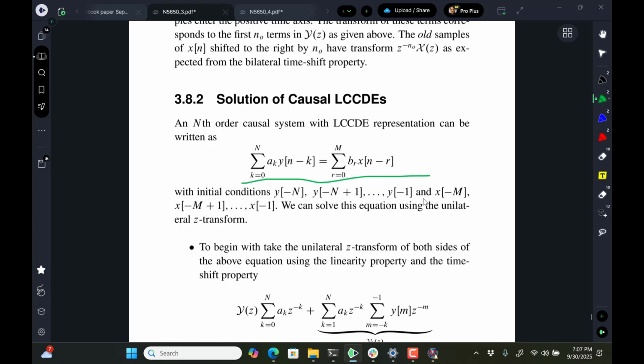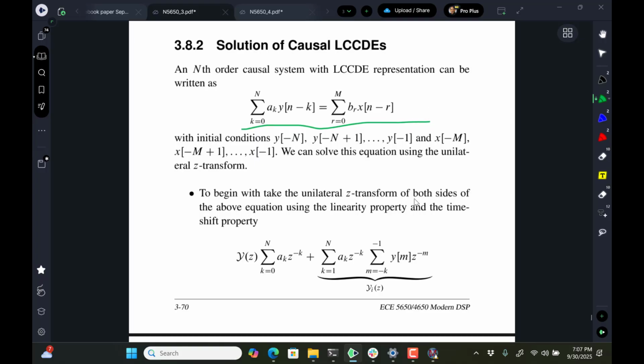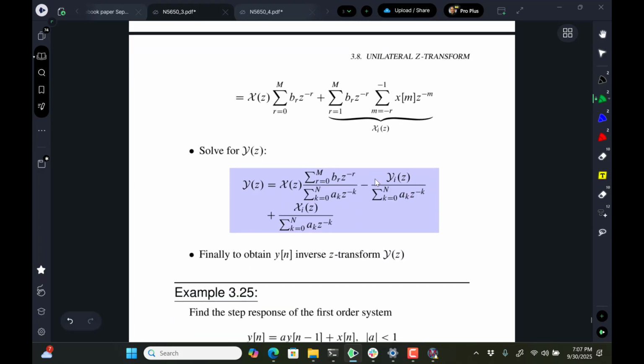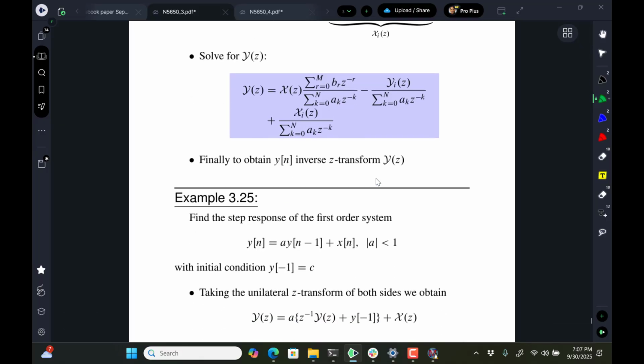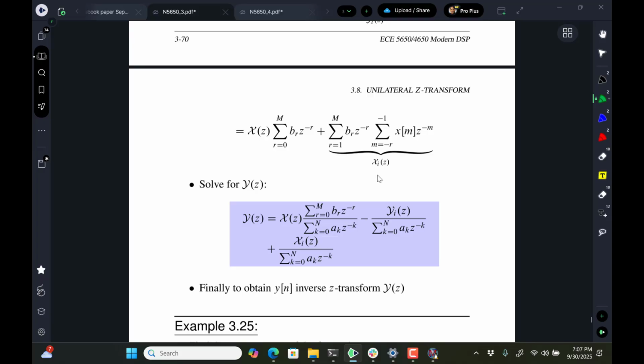Then you can rearrange it to have the output in terms of the inputs and the past outputs. If you apply the delay theorem to these terms in the sum, where you have y of n minus k and x of n minus r, this is where things get a little bit messy. So I'm just going to jump to the summary right here, and this actually is really cool the way it works out.